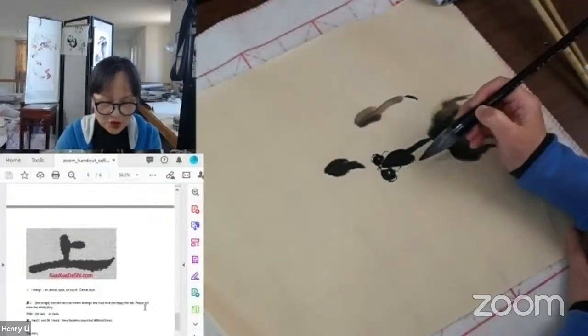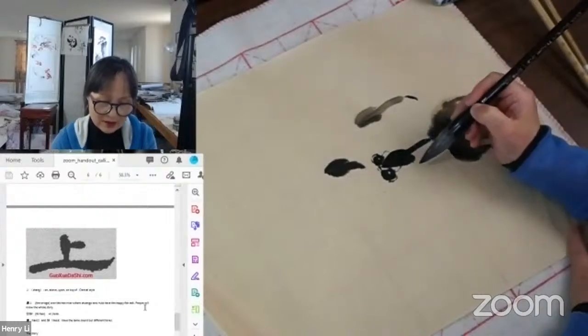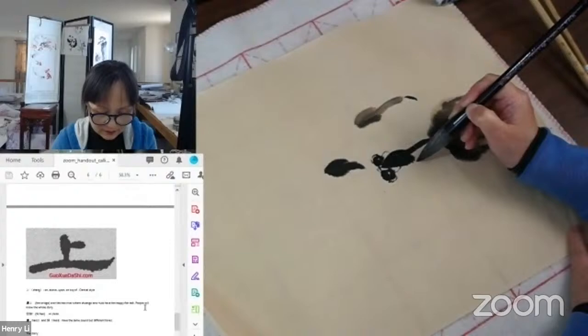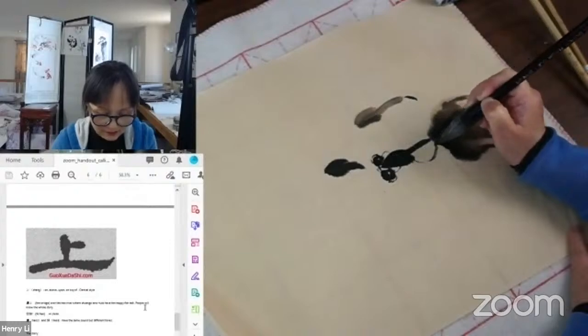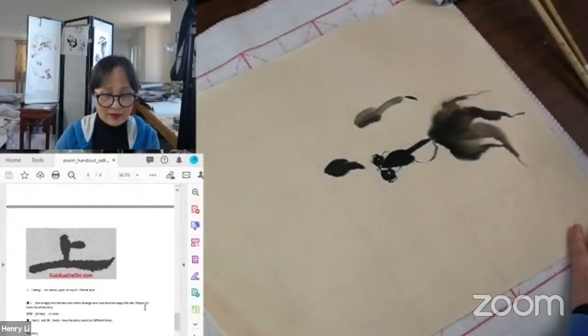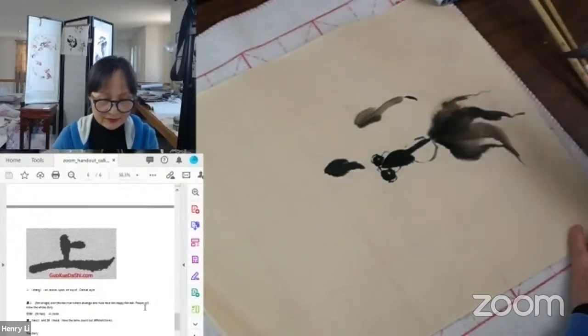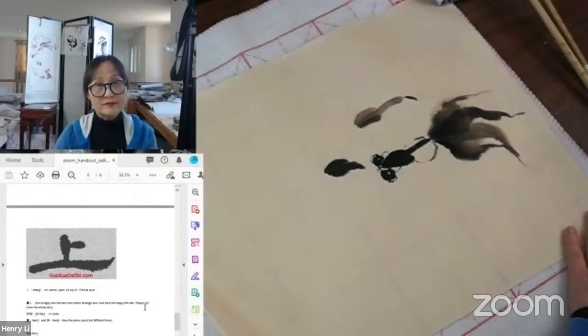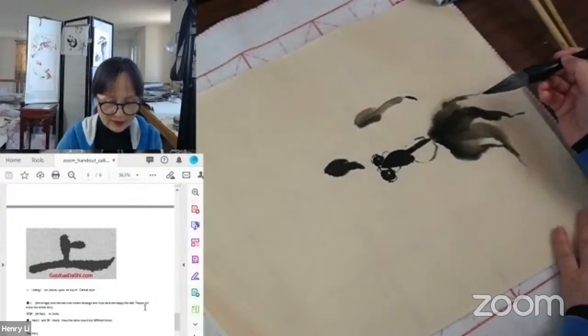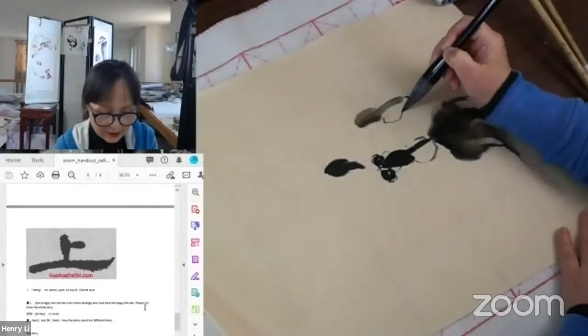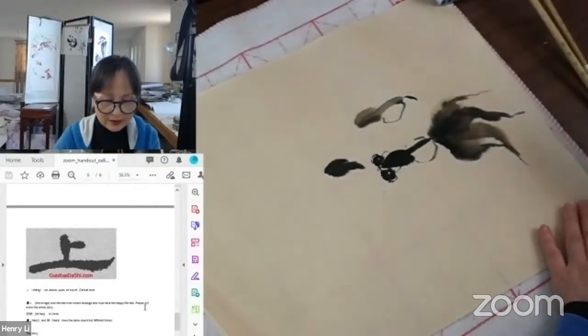And the fish here has a big belly. That side should be smaller, right? Yeah, a fish always has a very big belly here.